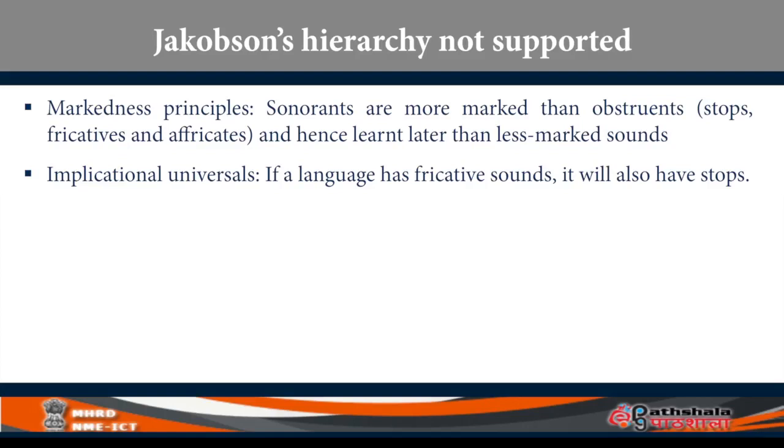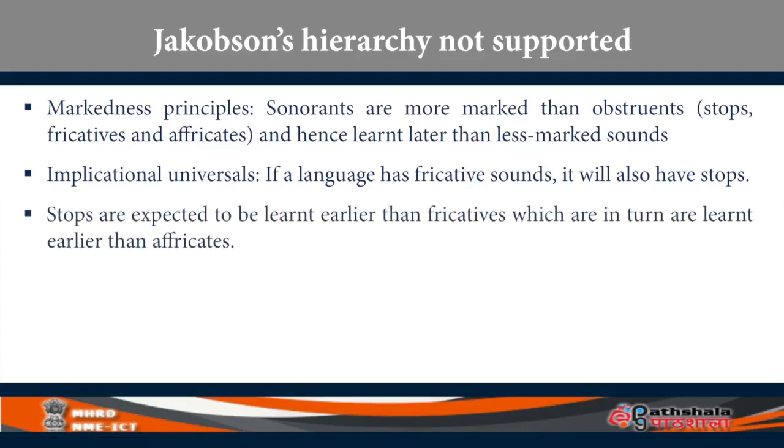So that is an implicational universal. Thirdly, stops are expected to be learnt earlier than fricatives, which are in turn learnt earlier than affricates. Again, there is a kind of articulatory complexity or ease, or visibility. Children can see the stop sounds much more easily than the affricates and things like that. So these are some of the explanations given for the so-called universal hierarchy of the way children learn sounds.